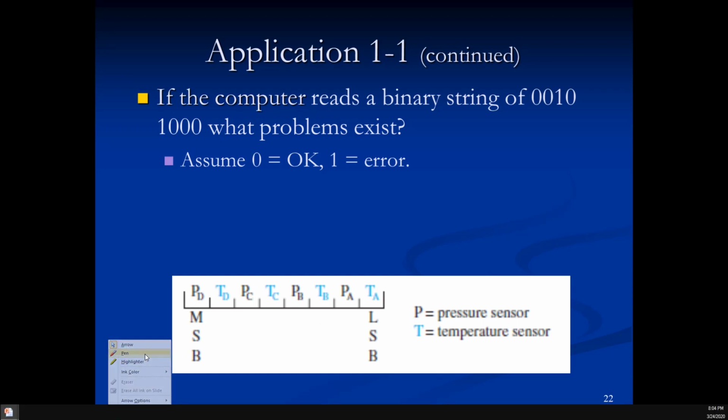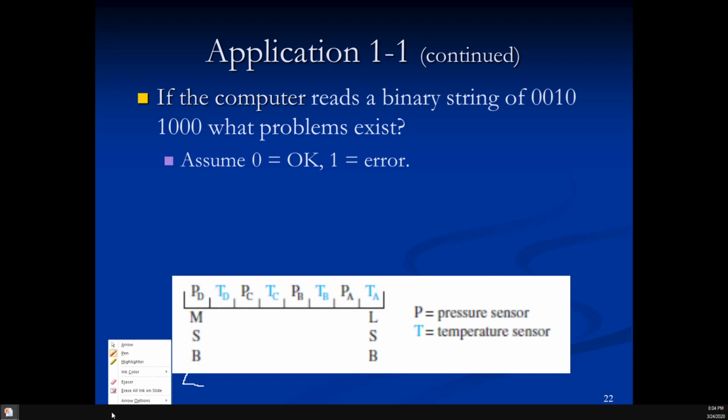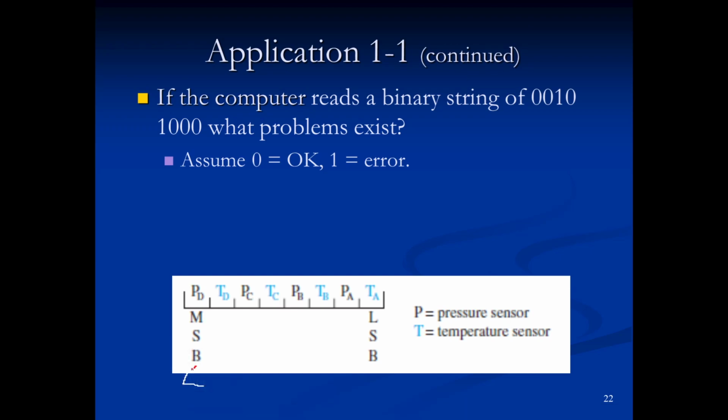it'd probably be easier to just write these out. So we have a 0, 0, 0 here.